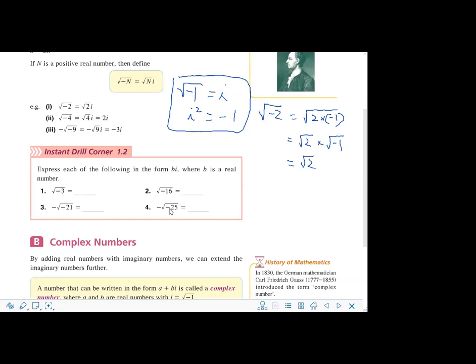If you can simplify the square root of the positive number, you need to simplify. If you cannot simplify, you just keep the square root number. And for the square root of -1, you change it to i. So the square root of -2 is exactly equal to square root 2 i. Okay?